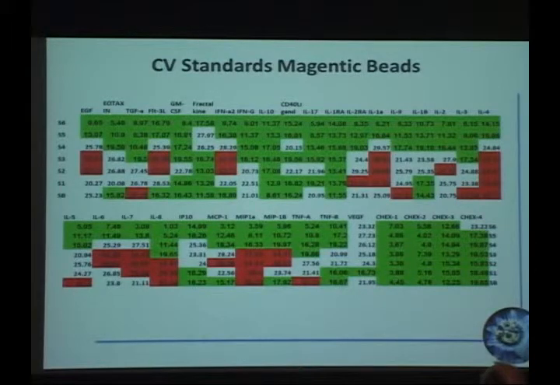Obviously, as you dilute down with day variability, you do better on the upper ones just because you accumulate error as you dilute down. So obviously, you're going to have more error close to the lower end, meaning S1, S2, S3 are going to be more variable day to day. So one way to go around this is, instead of only freezing standard number 7, you can also freeze a stock of standard number 3.